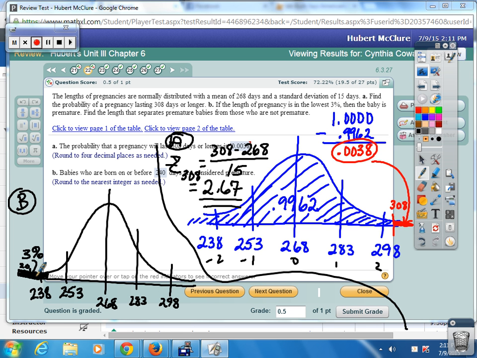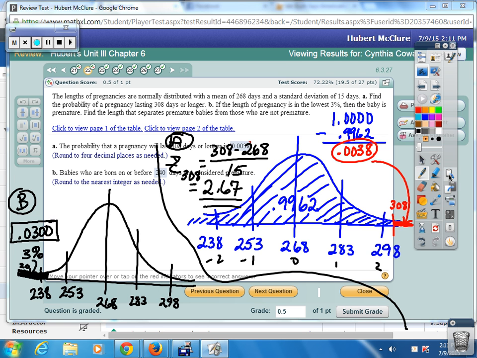Okay? Now, 3% is 0.03. So, hey, what is this? That's our area. So we've got to find a what? Z-score. So take your handy dandy calculator and let's do it for those people at home that need to do it with a calculator.